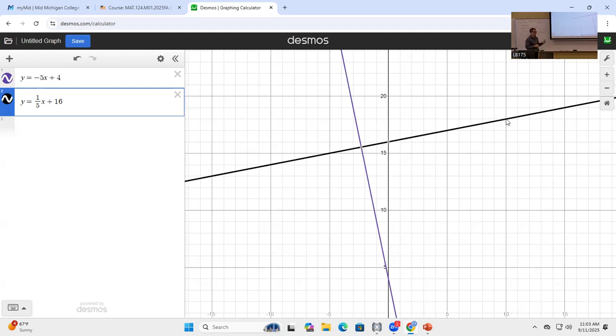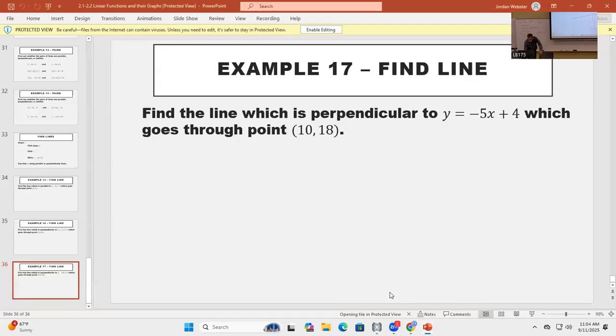I didn't do that earlier when it was going through 2 points, but you could have confirmed by graphing in that case too. Any questions about finding equations of lines in various ways? Pretty straightforward, hopefully.